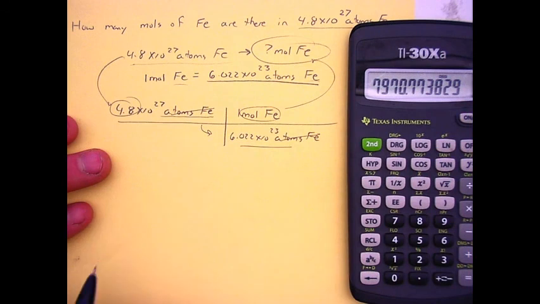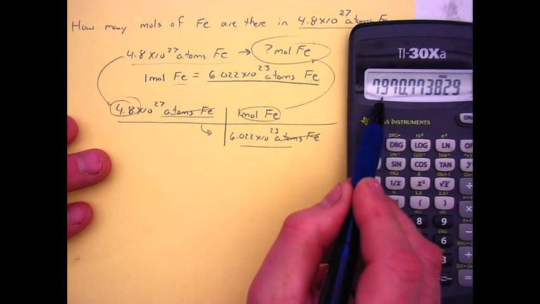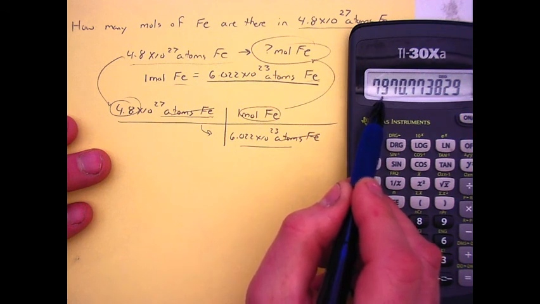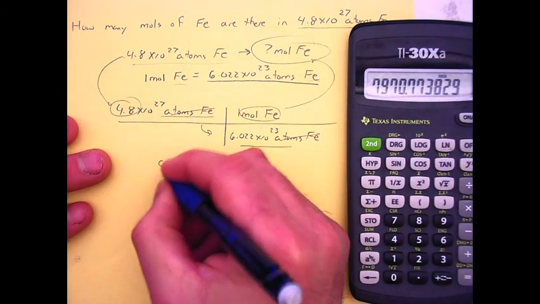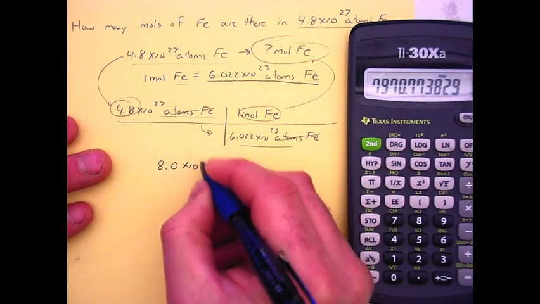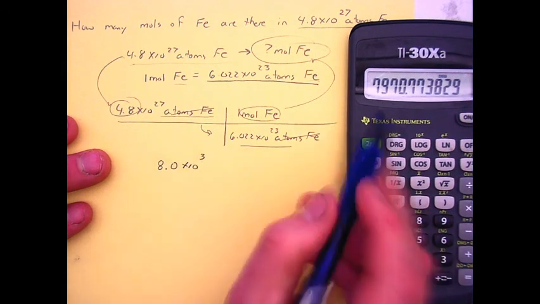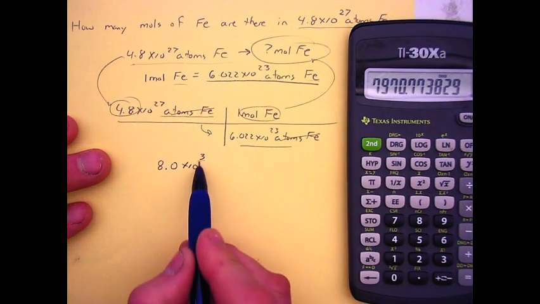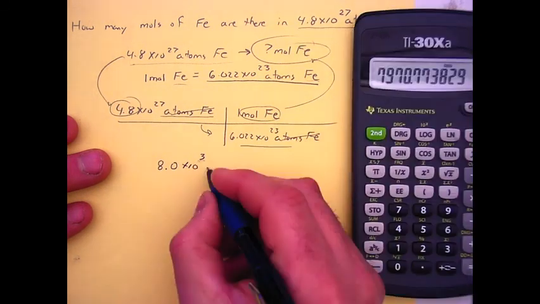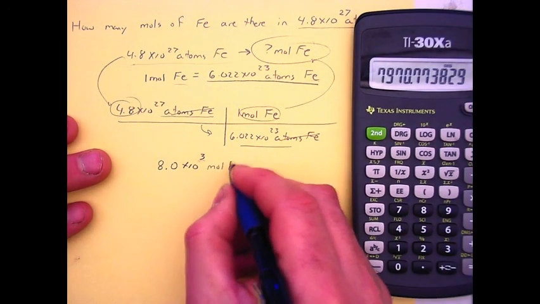Again, we only want 2 significant figures. That 7 changes the 9 into a 10, which changes the 7 into an 8. So my answer is 8.0 times 10 to the 3rd. All right, because the exponent's greater than 2, it has to be in scientific notation. Times 10 to the 3rd moles of iron.